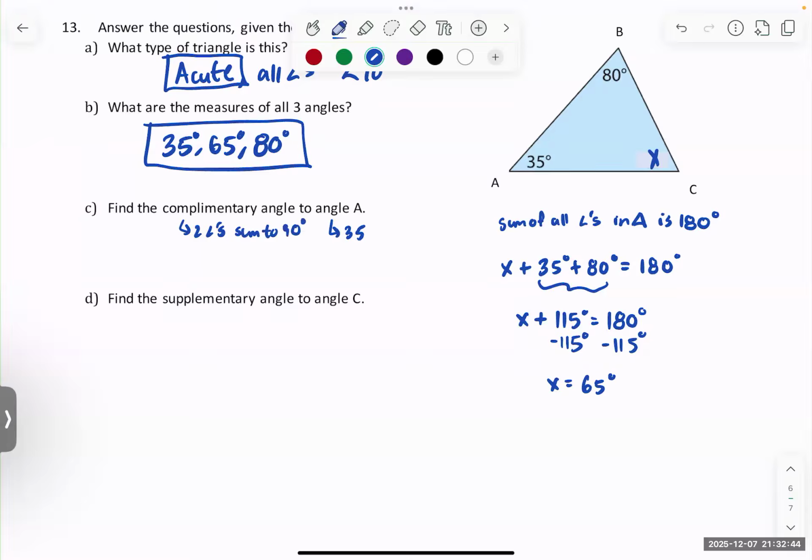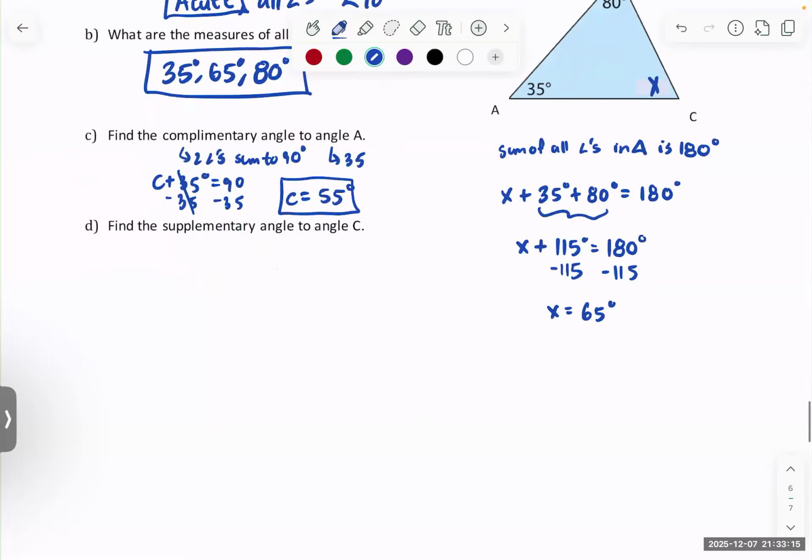So I'll do C plus 35 degrees has to equal 90. Subtract 35 from both sides, and you get C equals 55 degrees.